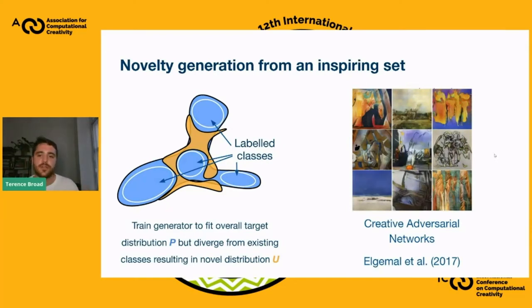Here they trained a network on images of paintings, and they were trying to maximize the likelihood of generating things that look like paintings but also diverge as much as possible from the existing style categories of paintings. In our diagram, you can see how it's trying to fit the overall distribution, but still diverge from any of the existing categories that have been labeled in the target data set.